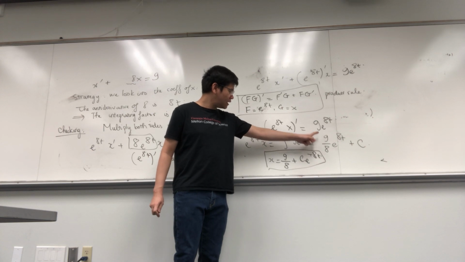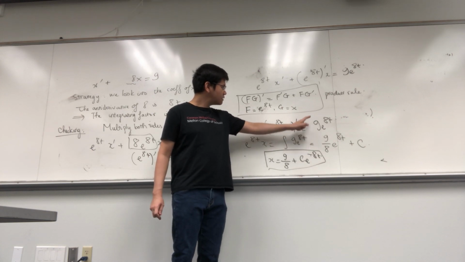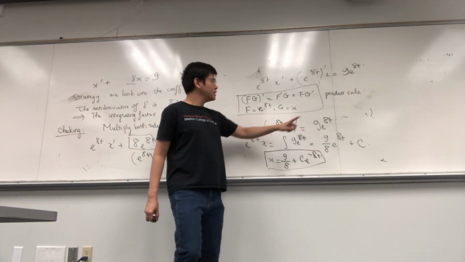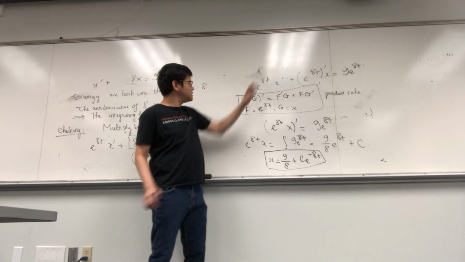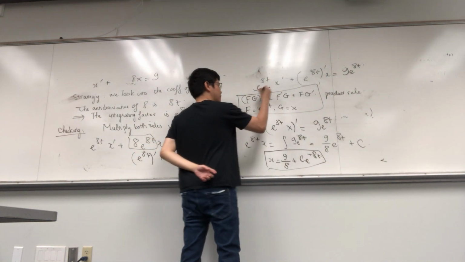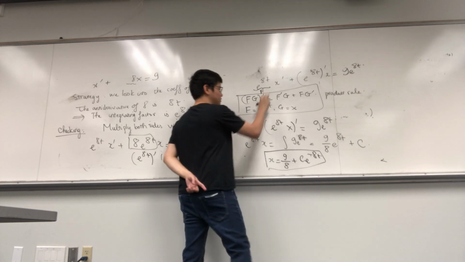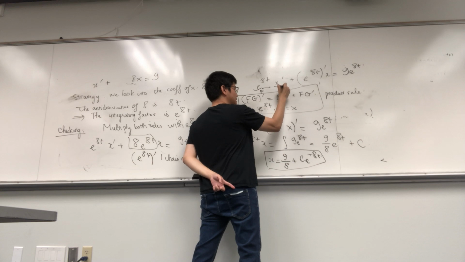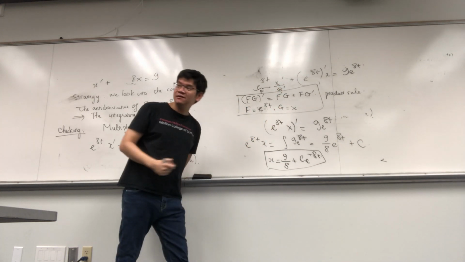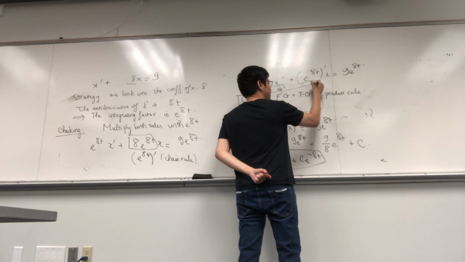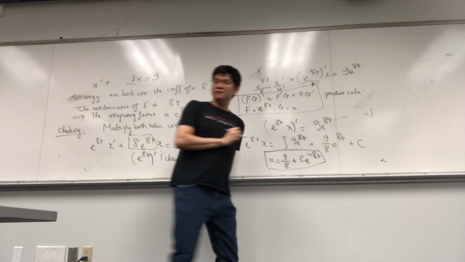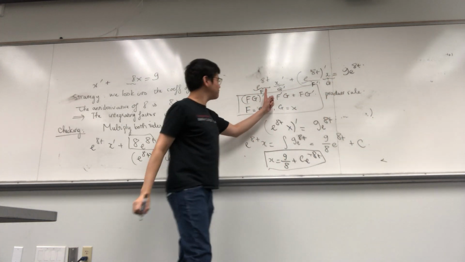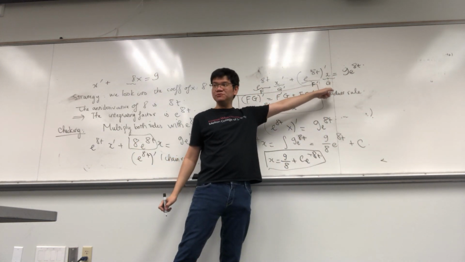How did you go from the first line to the step below? I'm going to apply the chain rule, right? So this is my f. f is going to be e to the at. This guy is g prime because g is going to be x. This guy is f prime, and this guy is g. So I have fg prime plus f prime g.